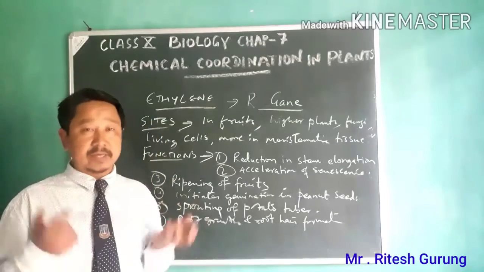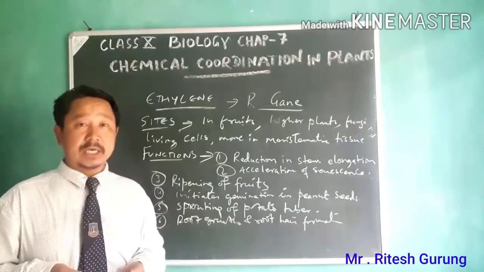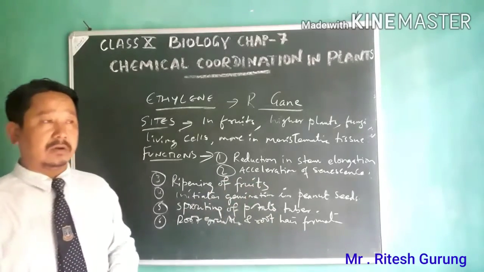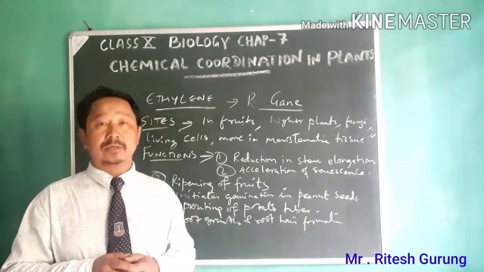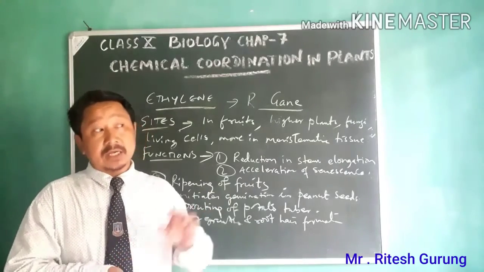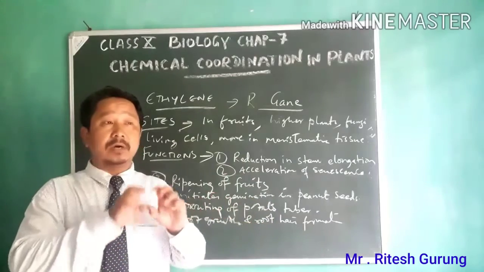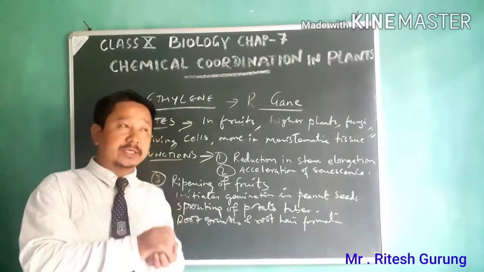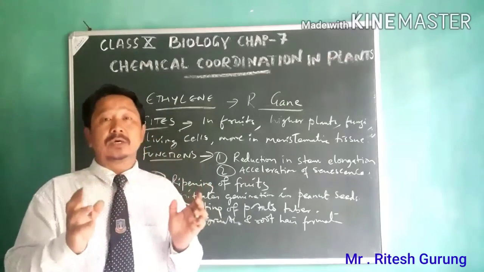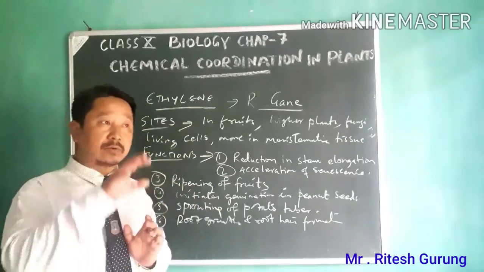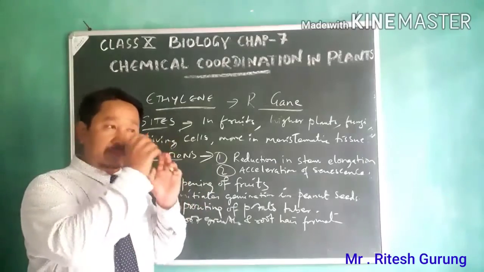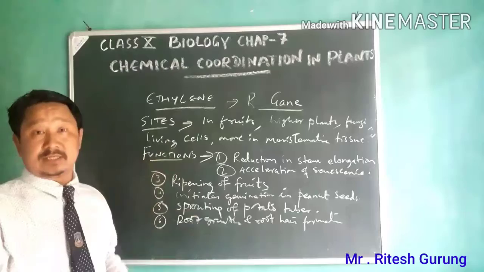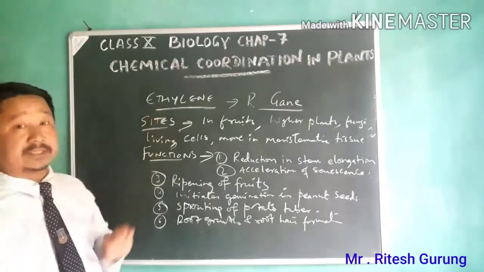Root hairs absorb the water and minerals from those places where the other parts of the roots cannot go. So these root hairs, being so fine and hair-like, can go to those regions where the main roots cannot go, and from there they collect water and minerals and supply them to the plant body via the xylem. So that is also promoted by this ethylene.